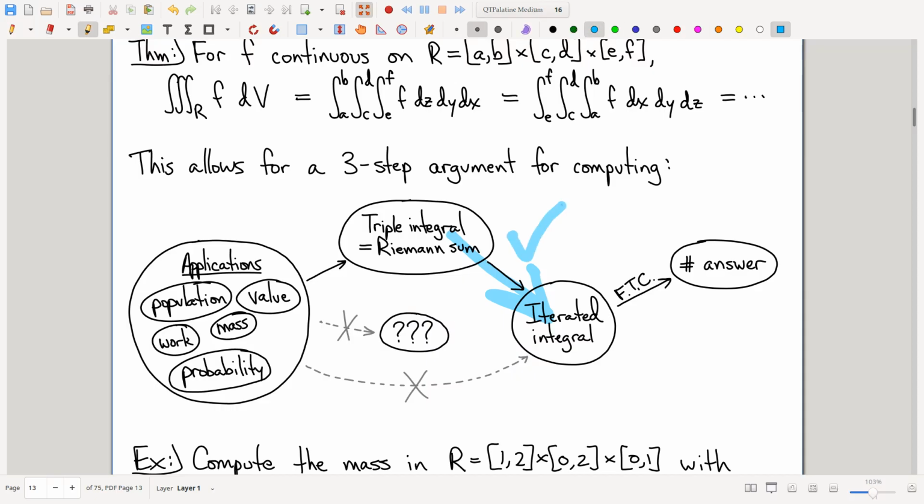It does remain, and that's what this theorem here says, that triple integrals can be computed with iterated integrals. And how do we know this is true? Well, there is a perfectly valid, and in fact better, more rigorous argument that's purely algebraic. You don't need any geometric intuition to show that this is true.